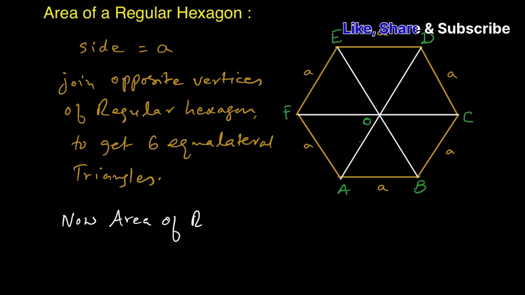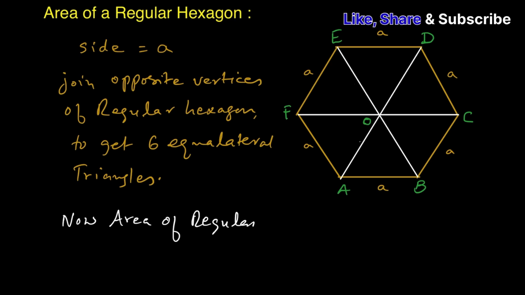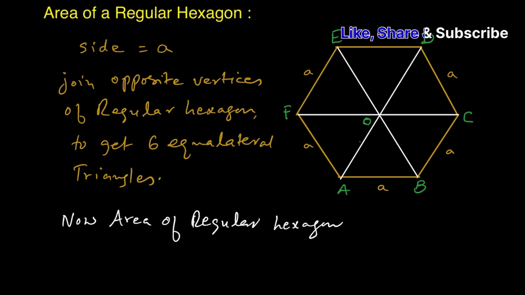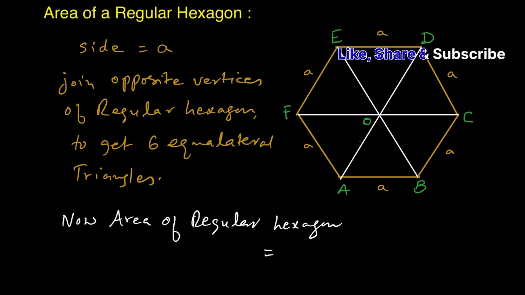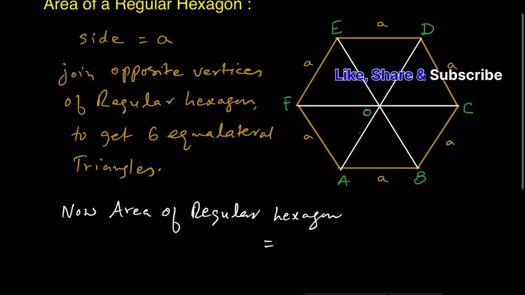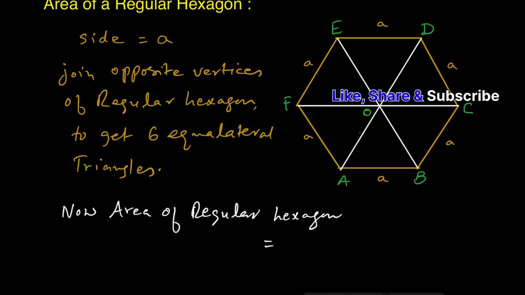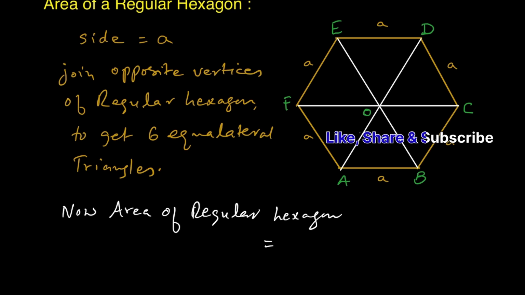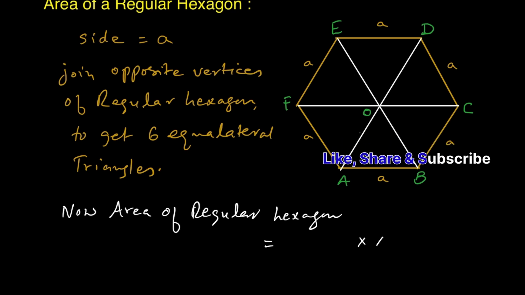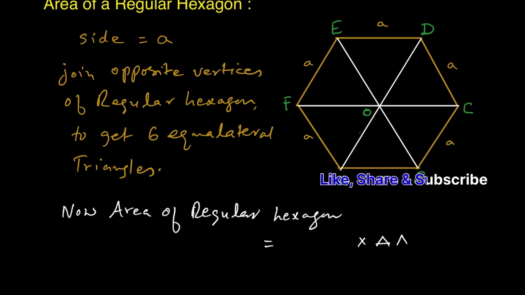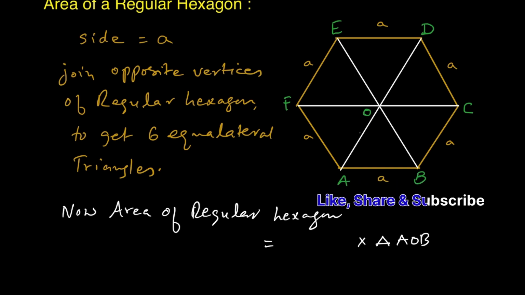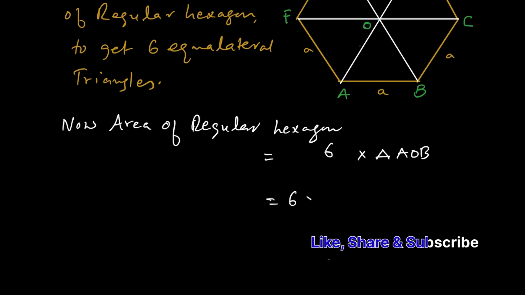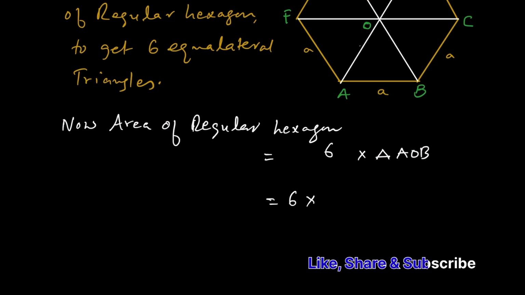Now, area of the regular hexagon is equal to 6 times the area of one triangle, because the diagonals divide the hexagon into 6 equal equilateral triangles. Therefore, if I take one equilateral triangle, area of triangle AOB, and multiply it by 6. See, there are 6 equilateral triangles.